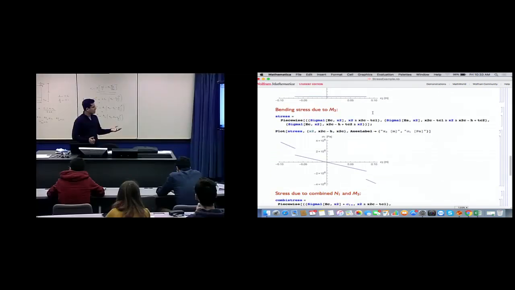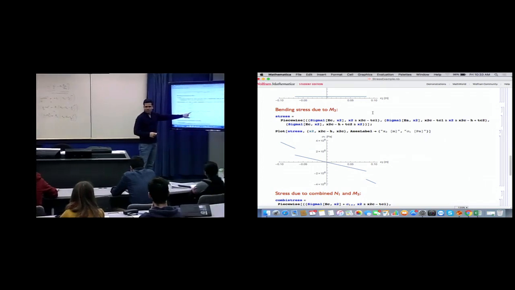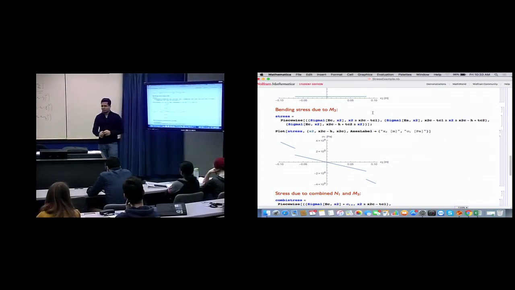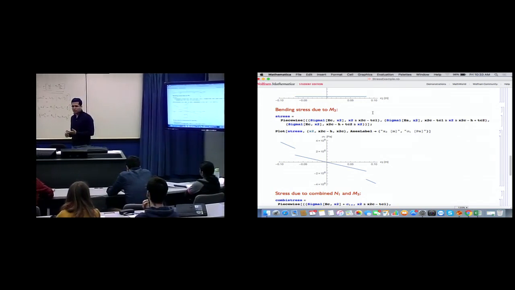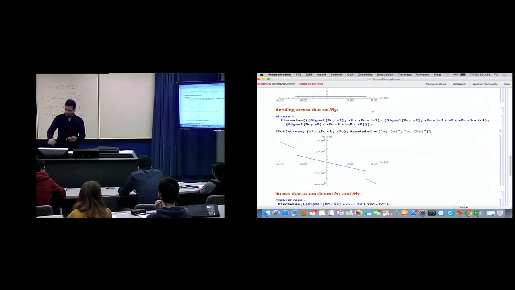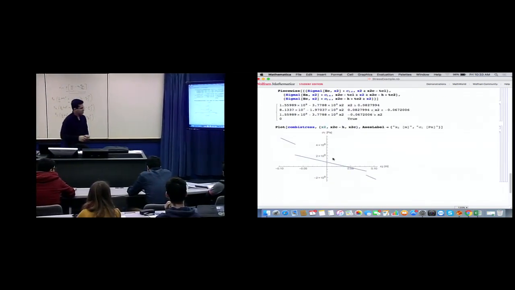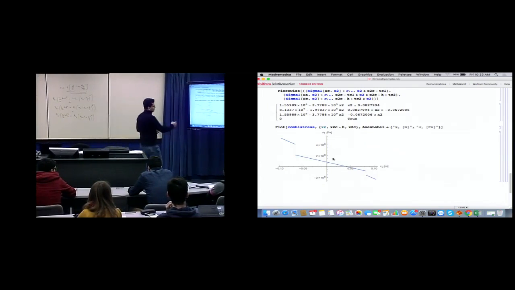So if there was only bending, because we have a sectional symmetry, the stresses are 0 at x2 = 0. But if we don't have just M3, we would have this value shifted to some other distance, right?